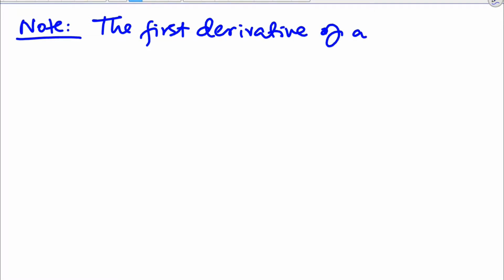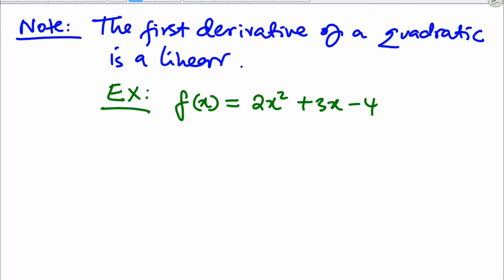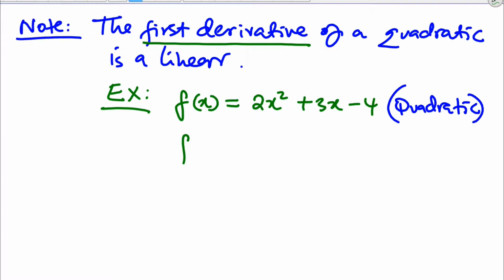What this means is, if I have a quadratic function, like for example, f of x is equal to 2x squared plus 3x minus 4, and remember, this is a quadratic, if I find the first derivative of this function, what I'll end up with is a linear function.